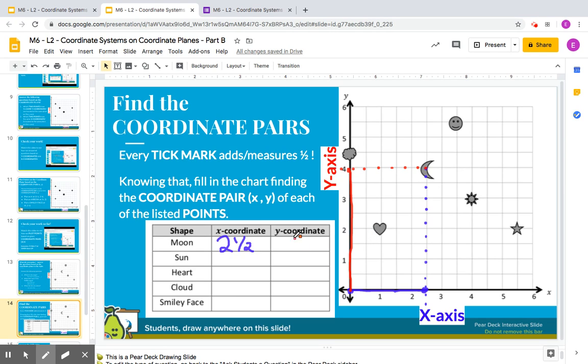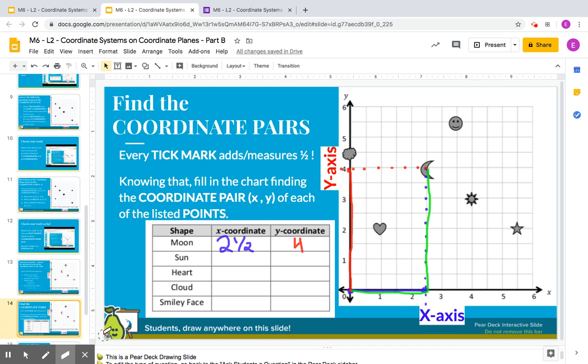My y-coordinate is 4. So my moon can be found by going over 2.5 and up 4 units. Over and then up.